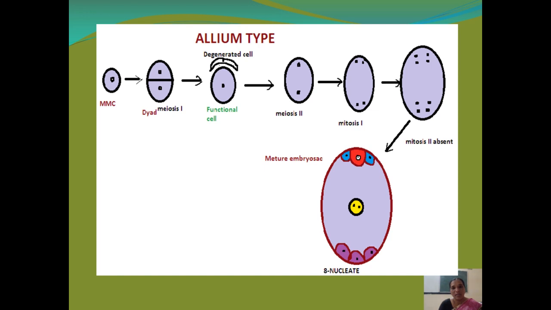One is an egg cell, the other two are synergids, lying at the micropylar end. At the chalazal end, three are the antipodal cells. At the center, the secondary nucleus.